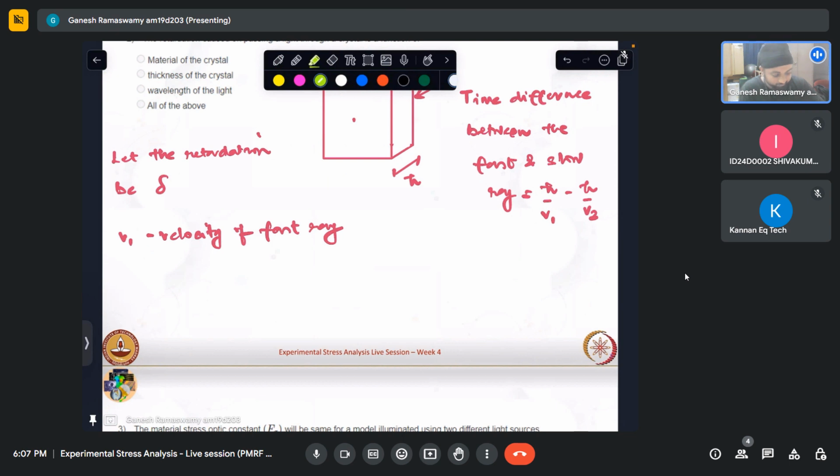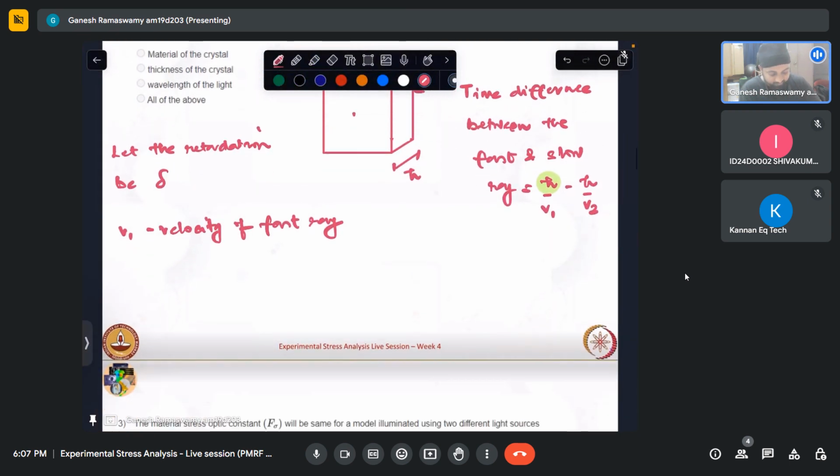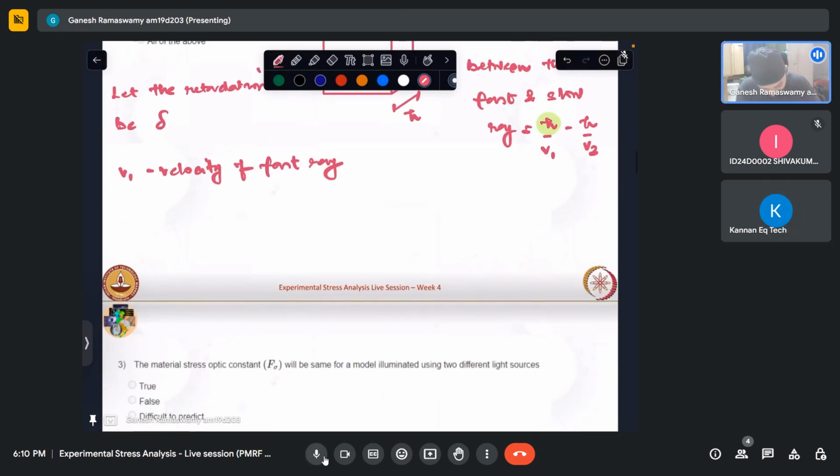If both the waves have to travel h distance with a velocity v1 and v2 respectively, they will take t1 and t2 time respectively. So there will be a time difference. So that time difference is what is h by v1 minus h by v2. Now that time difference we have to convert into frequency, then into cyclical, into the circular frequency. So v2 is velocity of the slower ray.